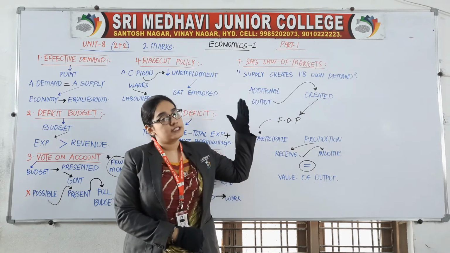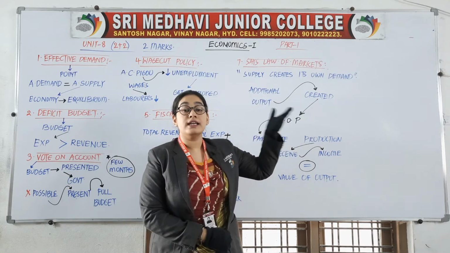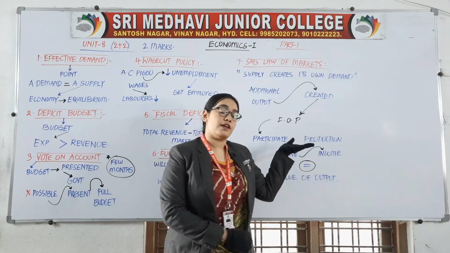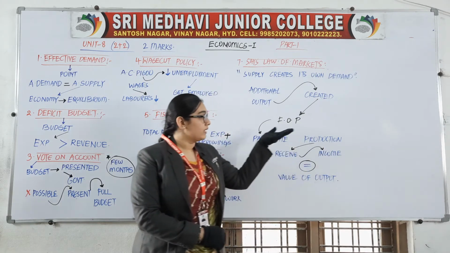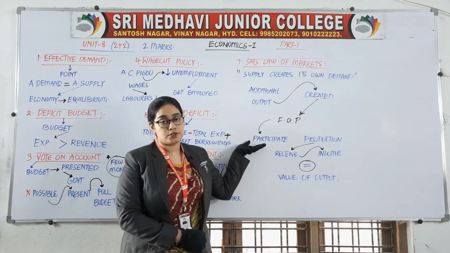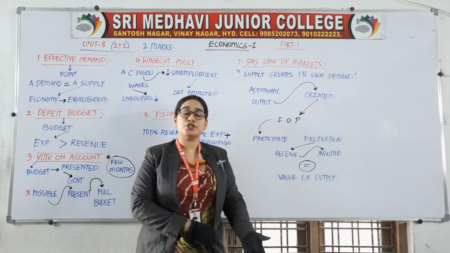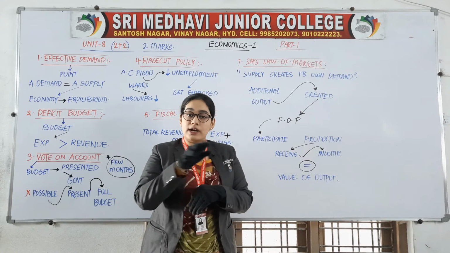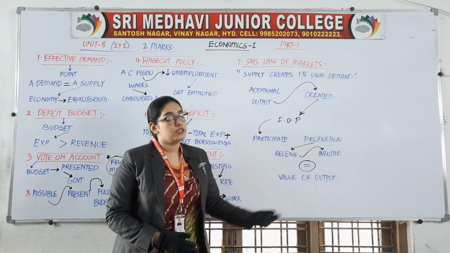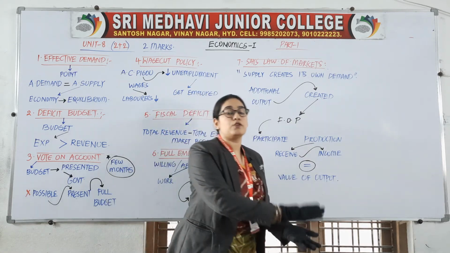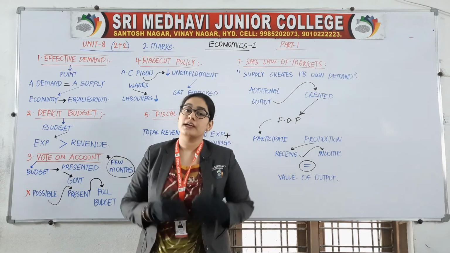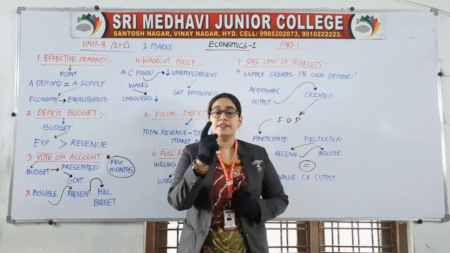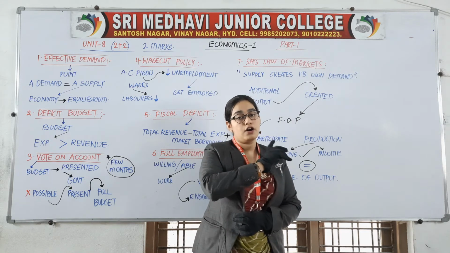According to this law, supply will create its own demand, and whenever additional output is created by the factors of production, the factors participating in production will receive an income equal to the value of output. How much output is produced, that much income is received by the factors of production.